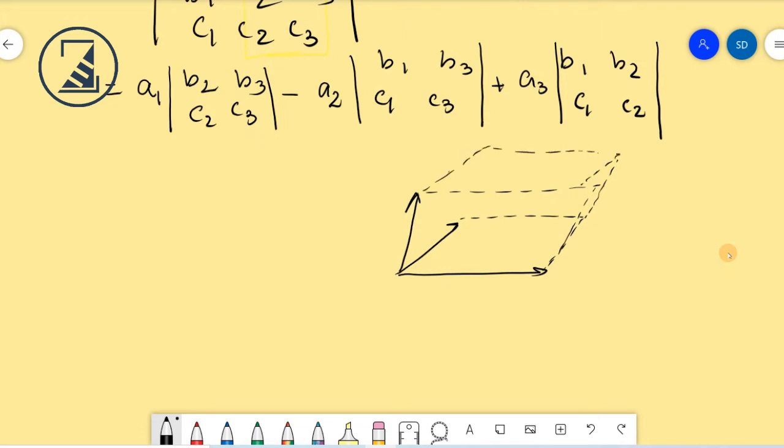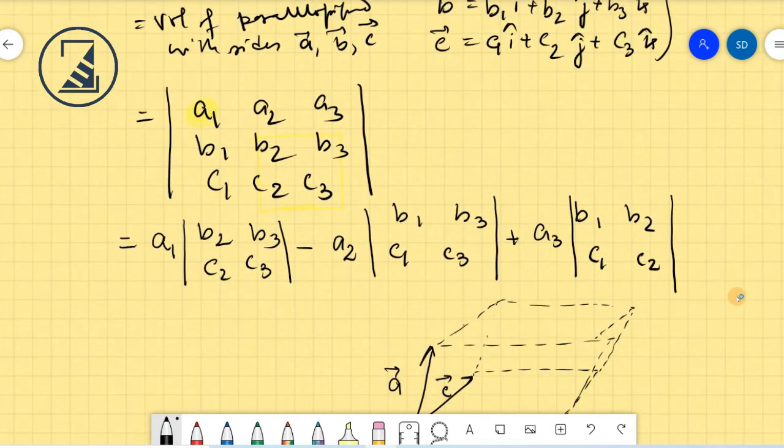So this is my parallelepiped, with sides, sorry, this is not vector, this A vector, B vector and C vector. Now this determinant is the volume.